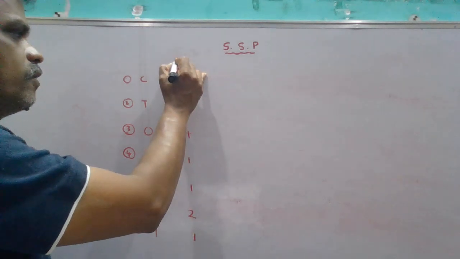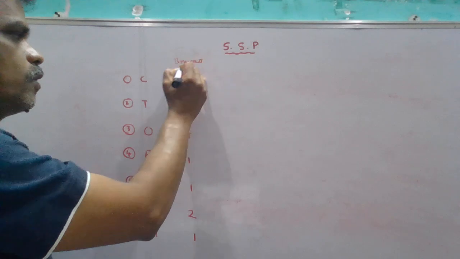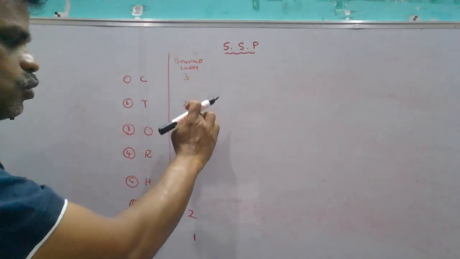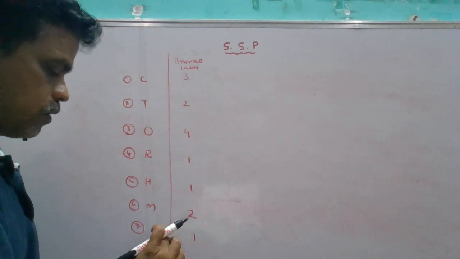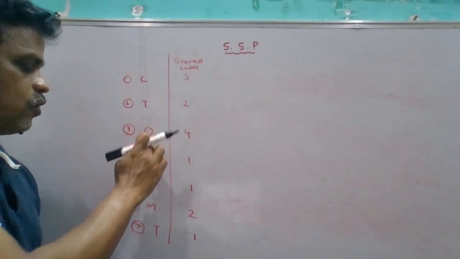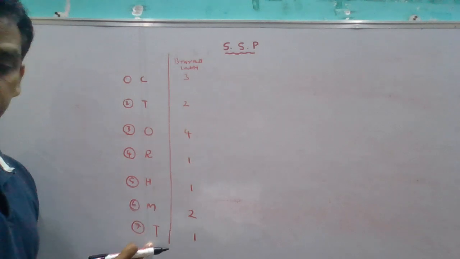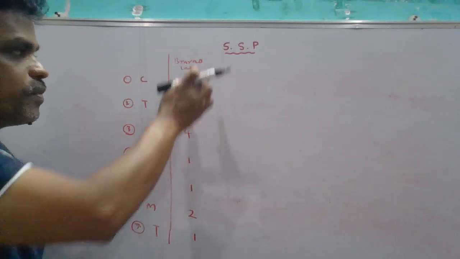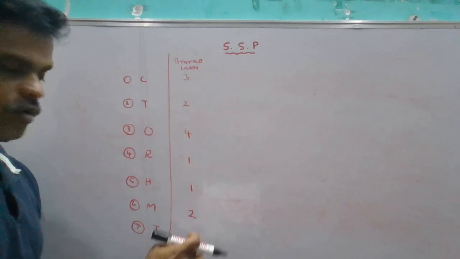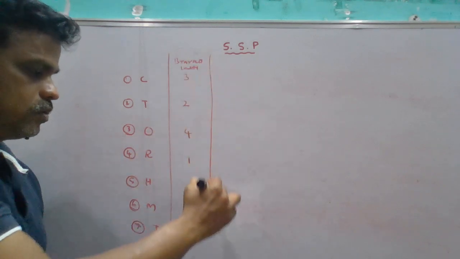So 3 2 4 1 1 2 1. This is a code: CTORHMT, 7 crystal systems, and Bravais lattices 3 2 4 1 1 2 1. Okay, over.